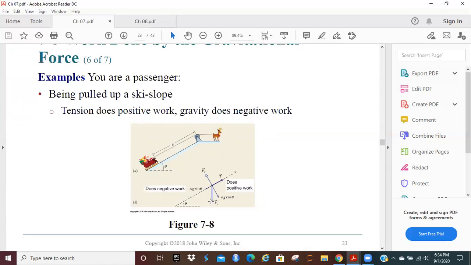Gravity, however, is seeking to pull you back down. If you look at the component that lies in the opposite direction here, this is going to do negative work because it's working against the direction of positive displacement. This vector of the gravity here does not apply because it's perpendicular to the displacement.